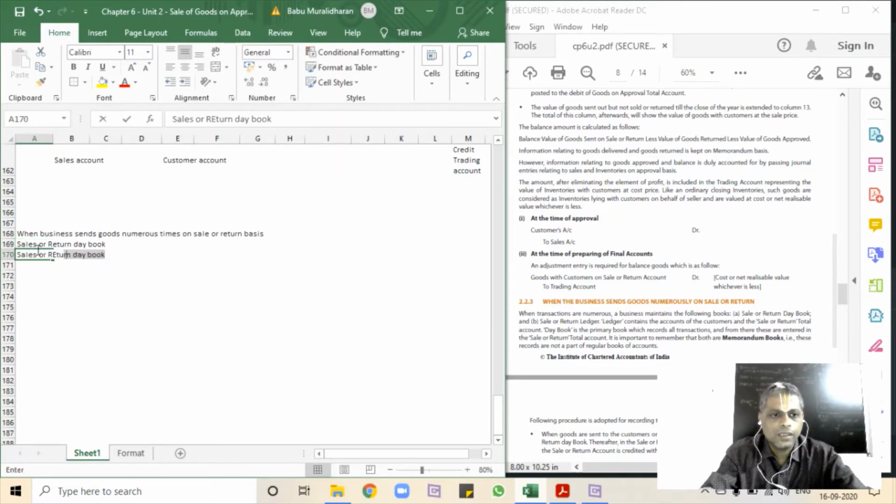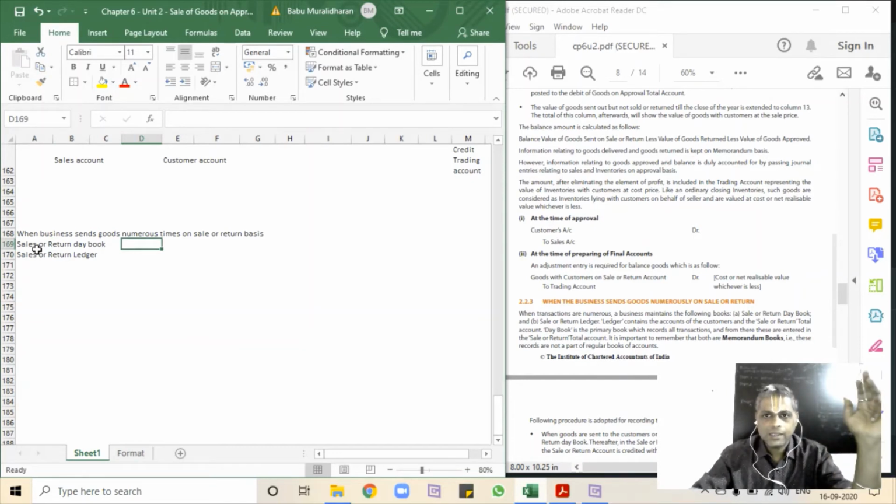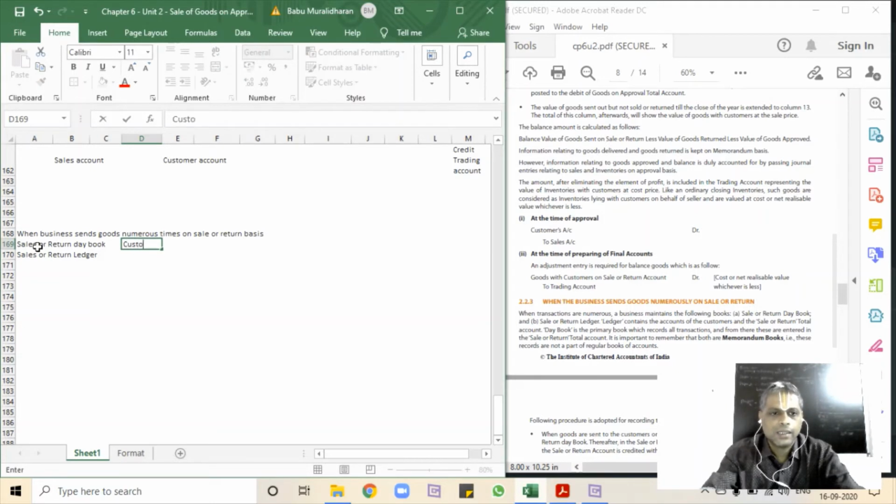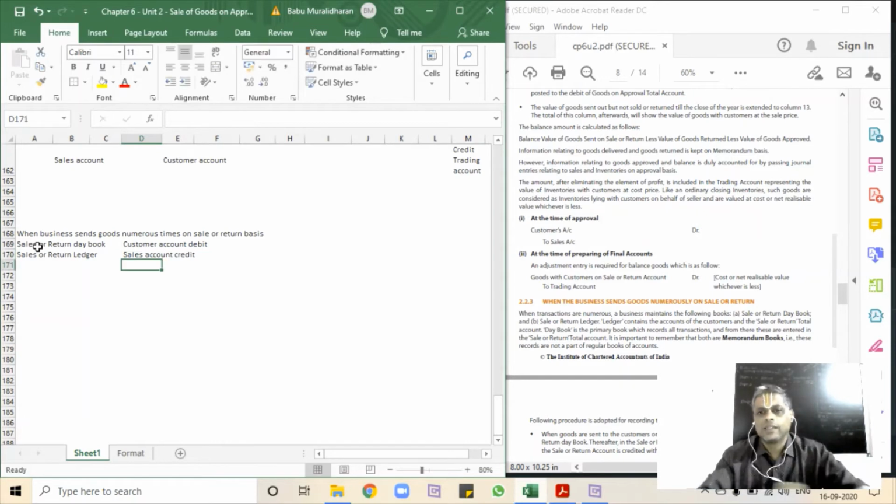Sales or return ledger. What we have to understand is, again, when the sale happens, the entry that gets processed here is customer account debit, sales account credit. This is the entry.